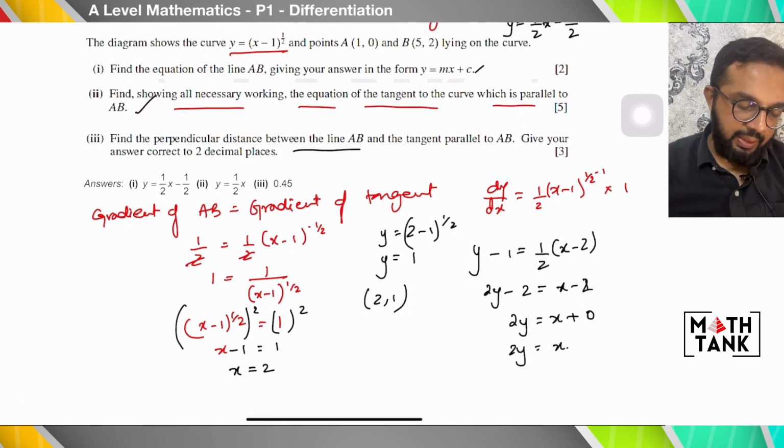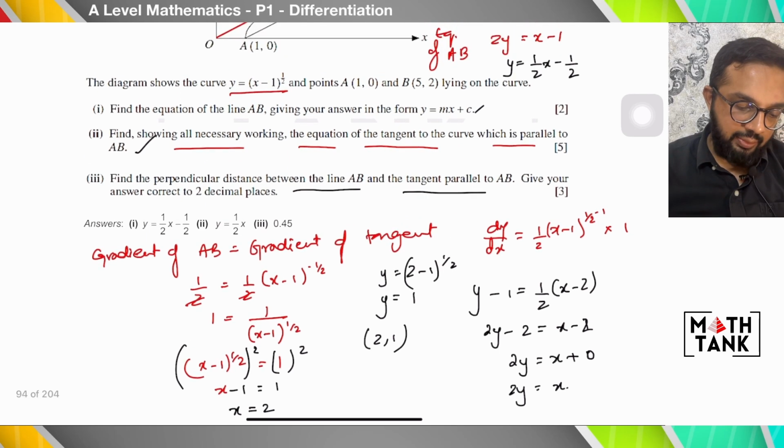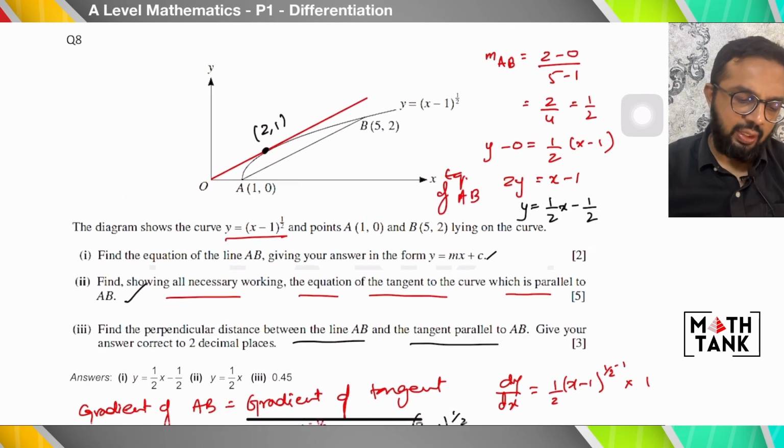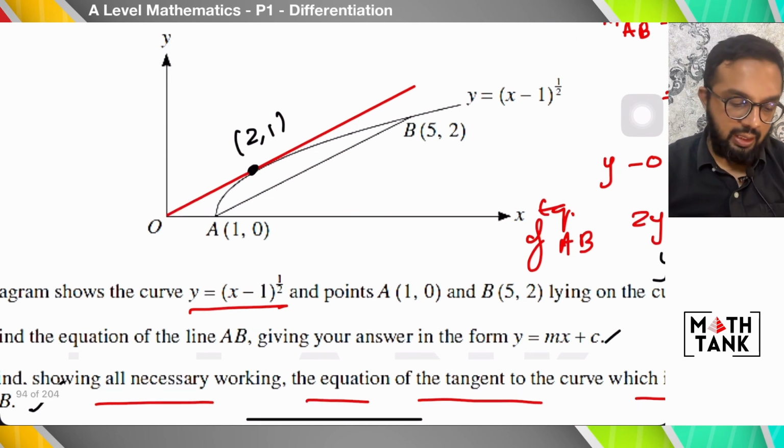Then it says find the perpendicular distance between the line AB and the tangent parallel to AB, giving your answer correct to two decimal places. Now there are lots of ways to do this question. One way is that you can go on and find this angle, and that should simplify things for you.